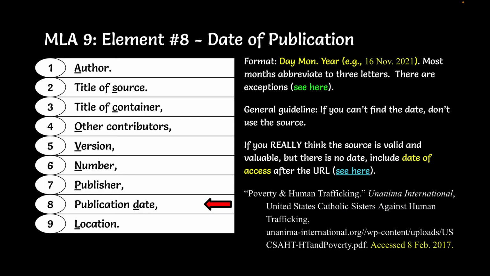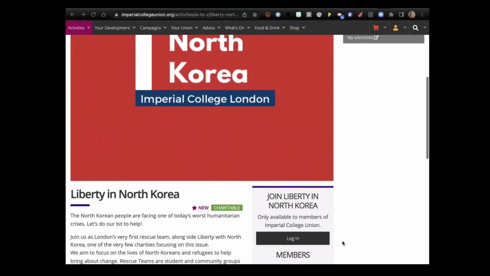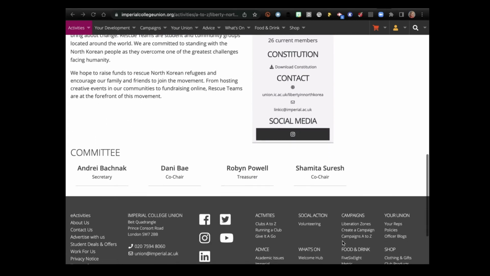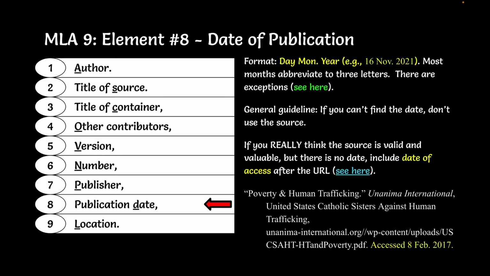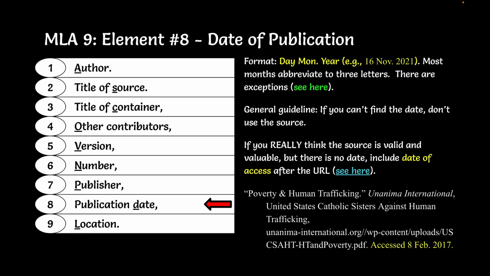The date of publication is important, and very often it's really just a copyright date at the very bottom of a website. But if you can't find it, you're going to have to do the date of access, which is at the bottom of the screen in the last example.